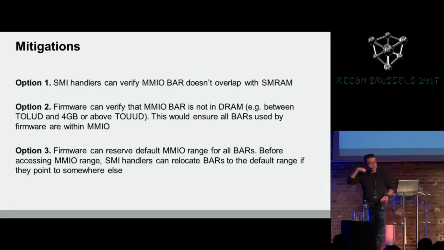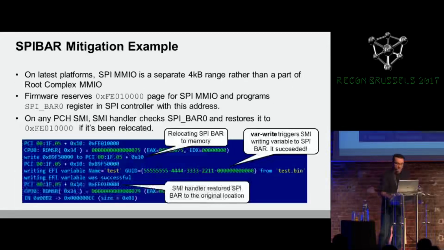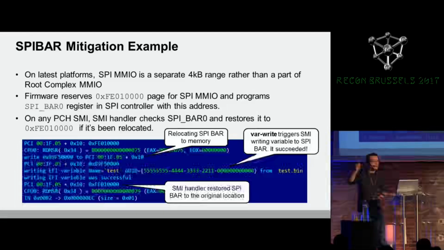If it's not, force it into the default range, use the default location, and then upon exit, just restore the value or leave it there, depending on the firmware implementation. So in this case, you're forcing the SMI handler runtime firmware to write to a known good, fixed location for the MMIO. That particular third mitigation was done for the SPI BAR example with the arbitrary write of the variable that could be written by the exploit.